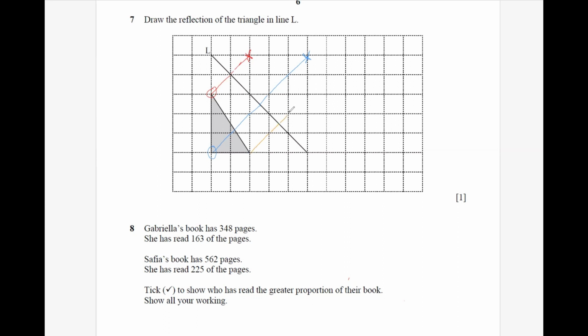So half and 1.5. This is the reflection of this point. So now joining these 3 points which we have made, this is going to be the reflected triangle like this. So this is the reflected triangle.